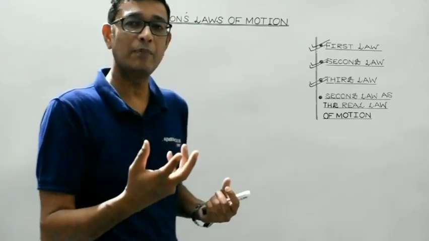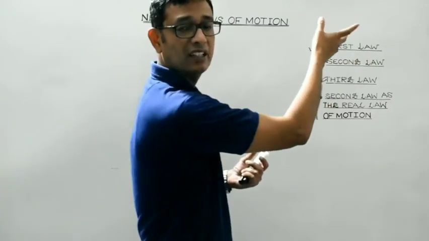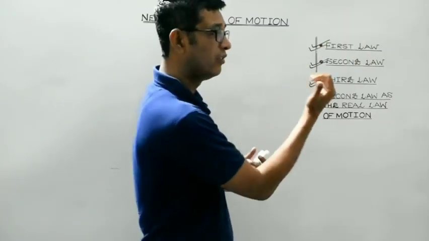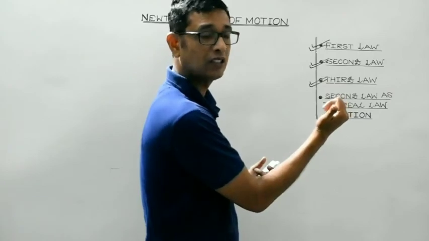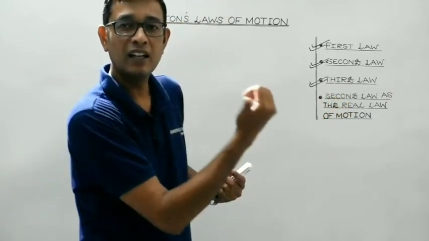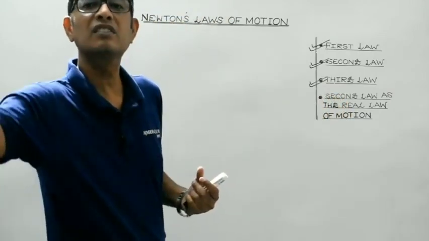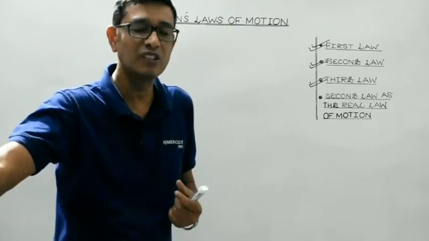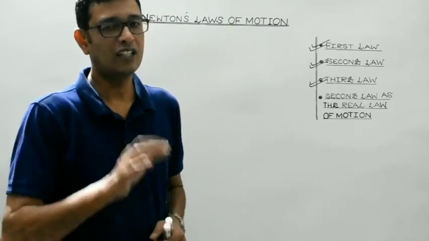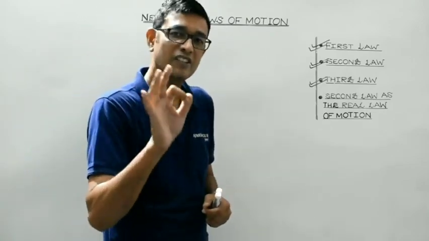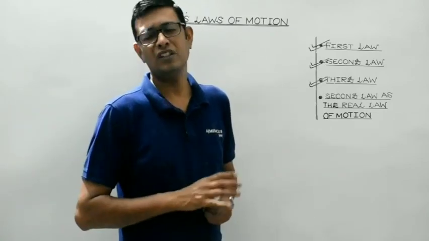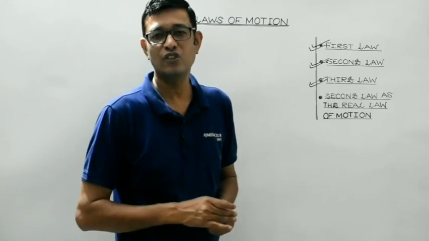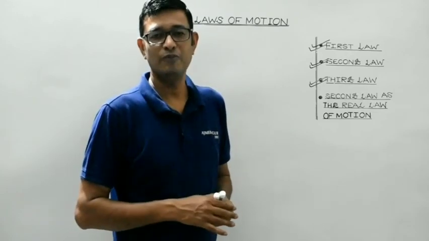In doing so, he will himself experience a force in the opposite direction, so that he will be able to move towards his ship and eventually return to his spaceship. So that is again due to the action-reaction concept. So there are various applications of Newton's laws of motion.